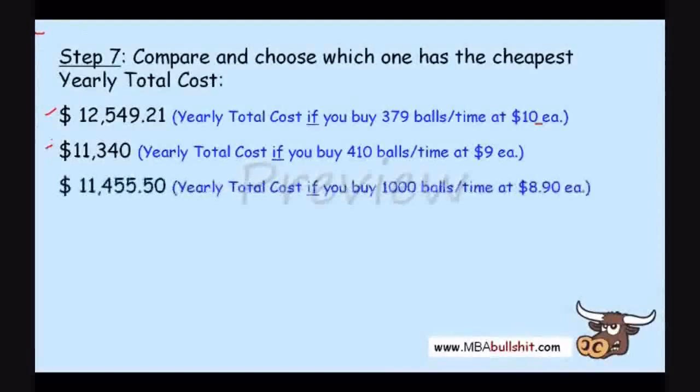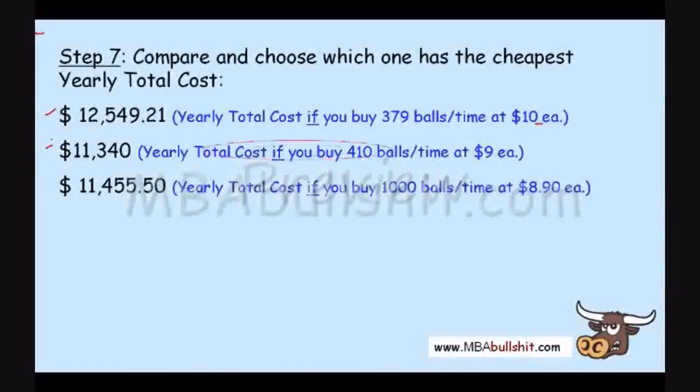And the total yearly cost, if Bob buys 1,000 balls at a time at $8.90 each, will be $11,455. So now, let me ask you, which one is the lowest?